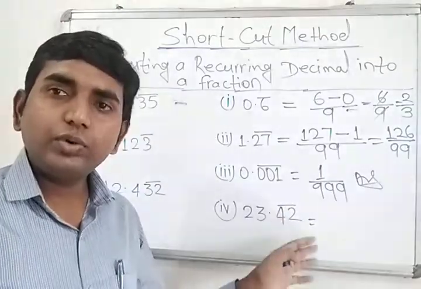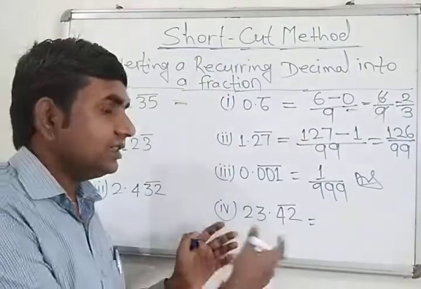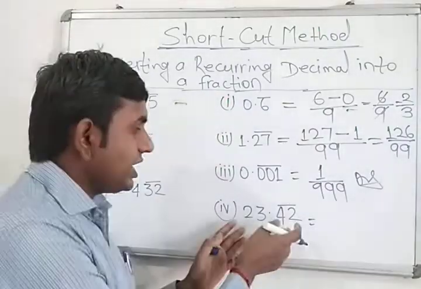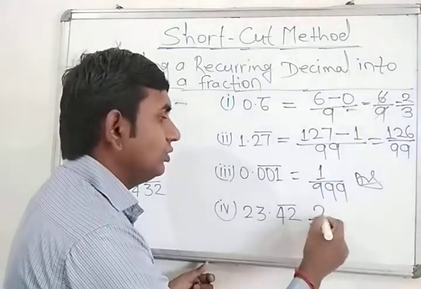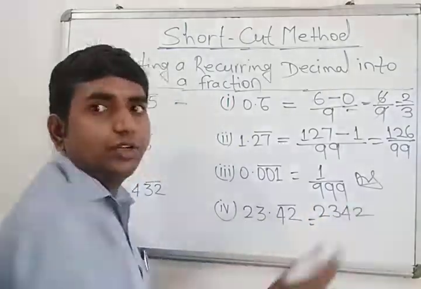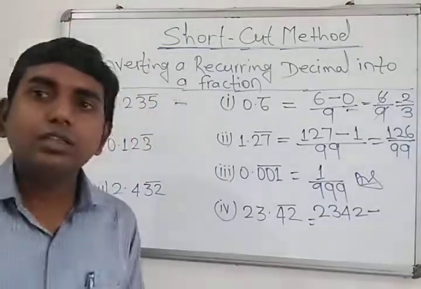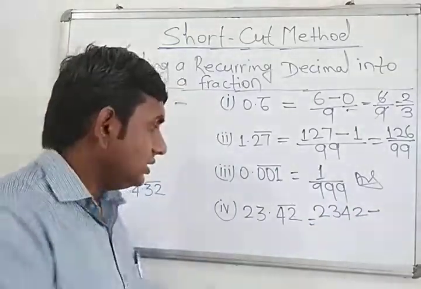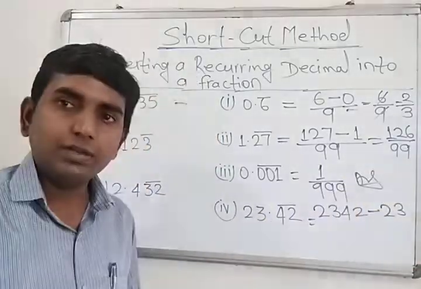Now in question number 4, we have 23.42 where 42 is repeating. We want to write this in the form of a fraction. We have the digits 2, 3, 4, 2, so we write 2342. Then minus the non-recurring digits. Here the non-recurring digits are 2 and 3, so we subtract 23 from this number.